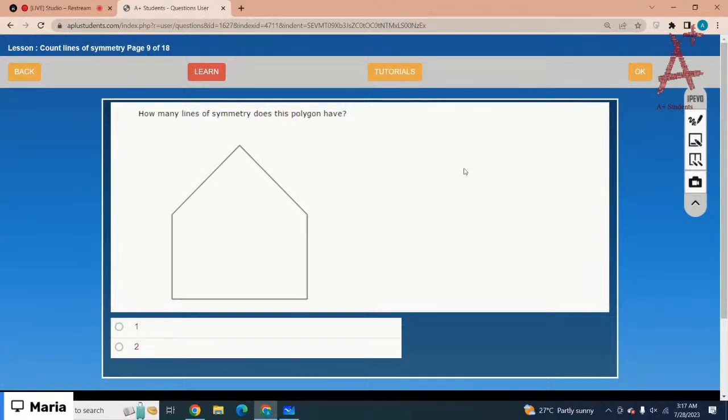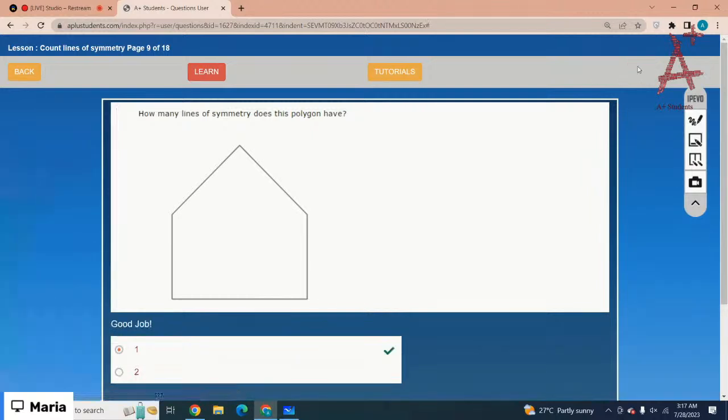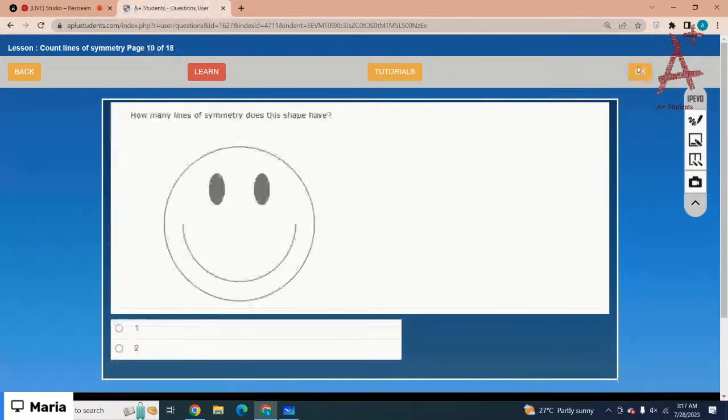The correct option is only one, right? How many lines of symmetry does this shape have? The correct option is only one.